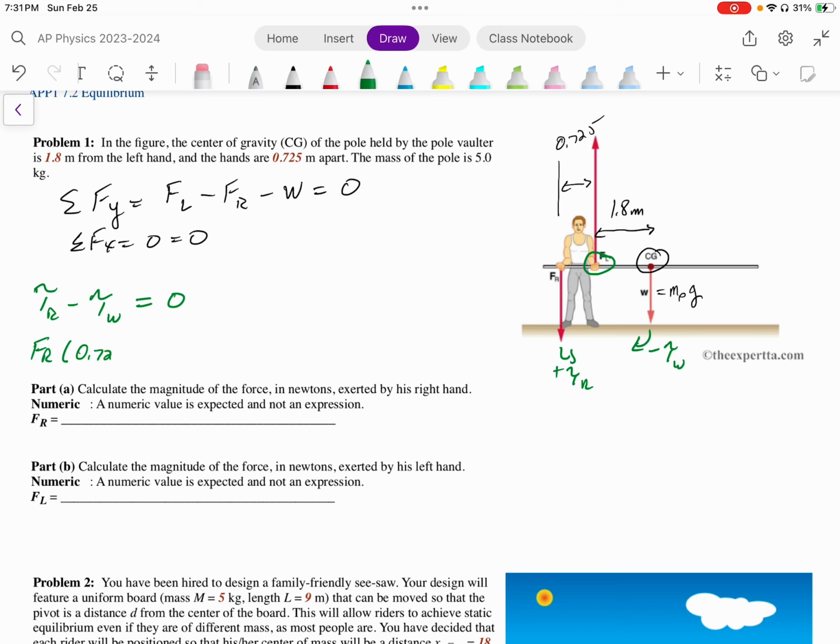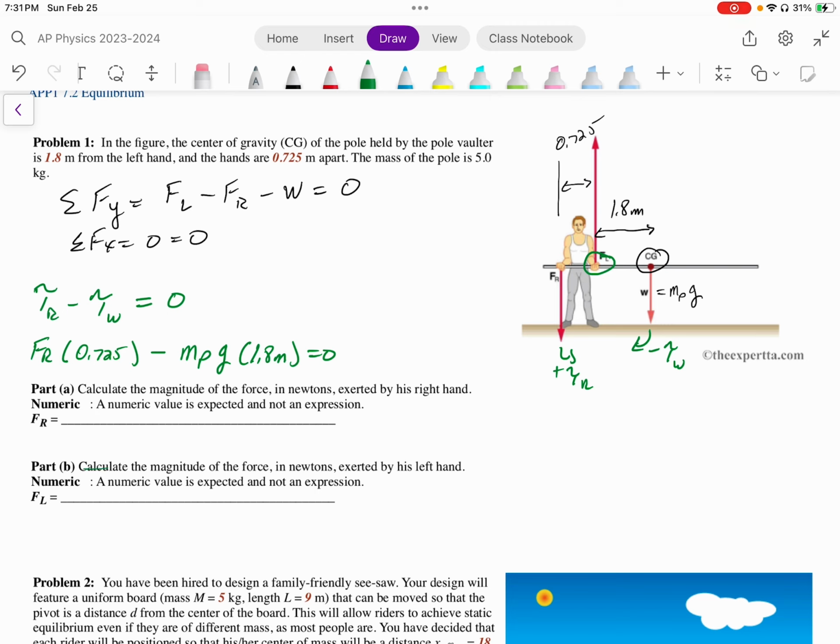Oh, look at that, we know that. Times sine of 90 degrees, so that's 1, minus the torque caused by the weight: mass of the pole, which they gave us, 5 kilograms, times little g, times that distance, which in mine is 1.8 meters, is equal to 0. And now I have the ability to solve for the only unknown in that equation, which is the force from his right hand.